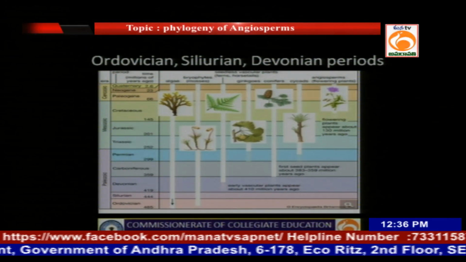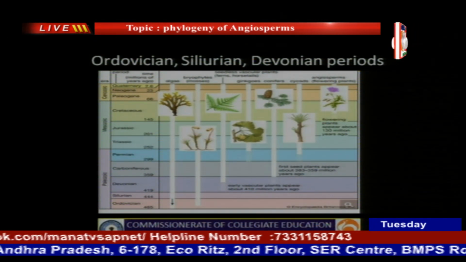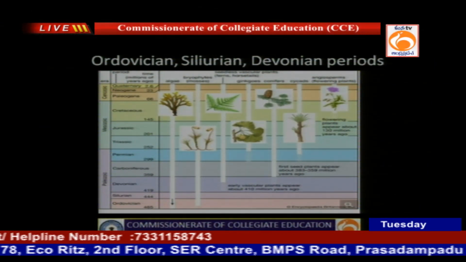At the end of the Devonian period we got different types of plants, including tiny herbs and the tallest plants of the forest. But the exact period of the angiosperm origin still remains a mystery.